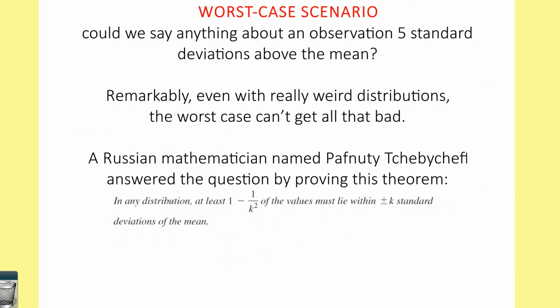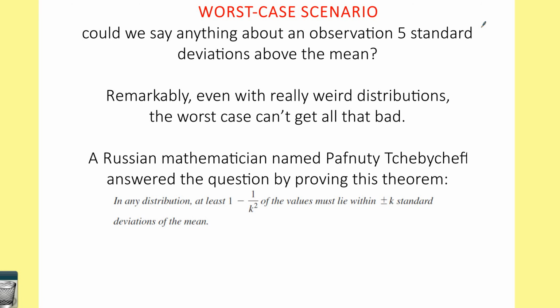Worst case scenario. What would happen if we were 5 standard deviations above the mean? Think about that. 5 standard deviations away, you're 0.3% in that little bit. So it's really, really far.